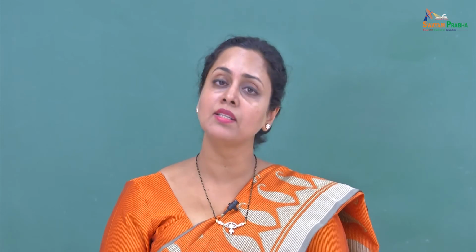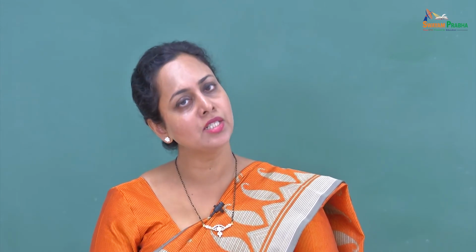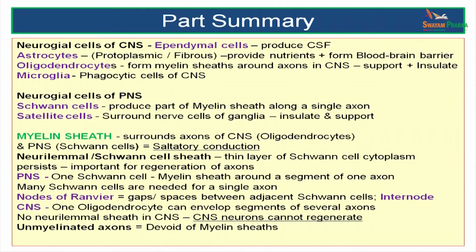What is myelination in the central nervous system and how it takes place with the oligodendrocytes, and in the peripheral nervous system, myelin sheaths formed by the Schwann cells. We have spoken about differences between these 2 myelination processes. We have also mentioned the non-myelinated or unmyelinated axons. Last we were talking about the nodes of Ranvier and what is internode, a space between 2 nodes of Ranvier and the distance covered by one Schwann cell.